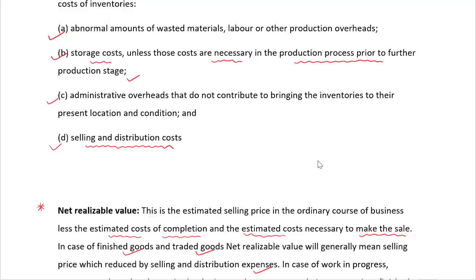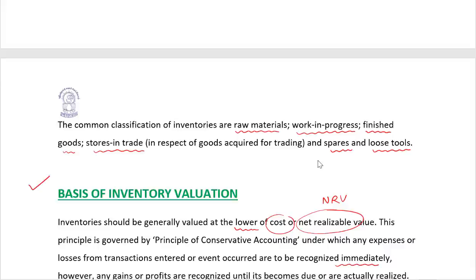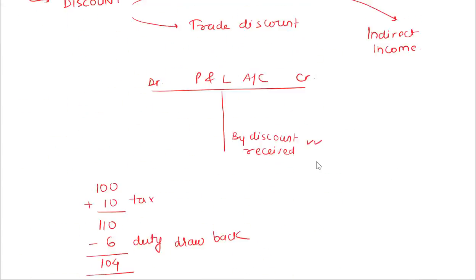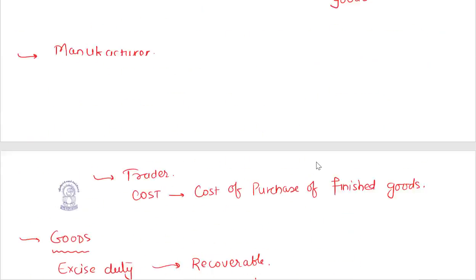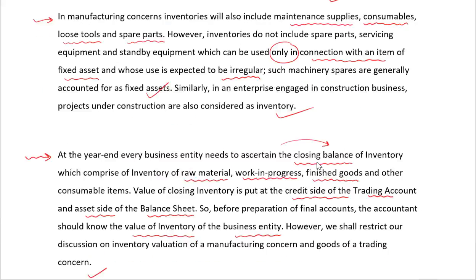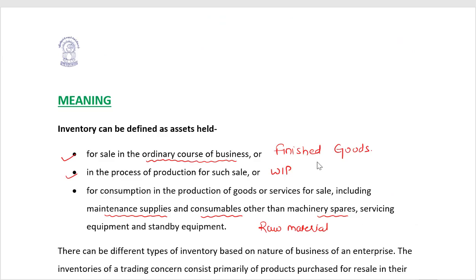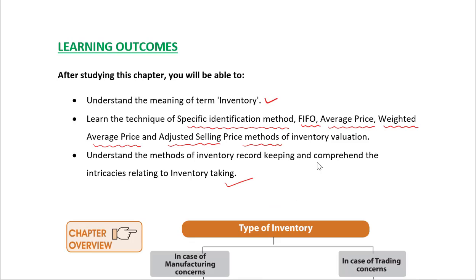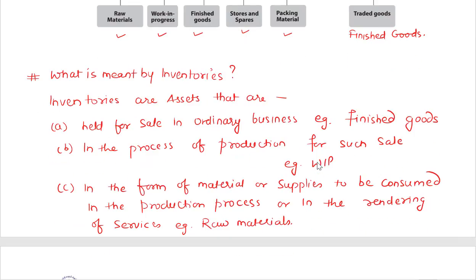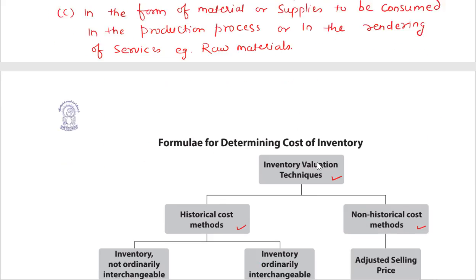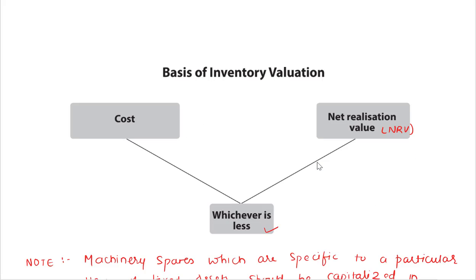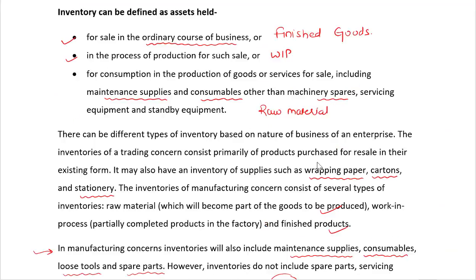Let's see what we have learnt in today's class. So we have seen the meaning of inventories. Then we saw how to value inventories, the basis of inventory valuation, cost or NRV, whichever is lower.